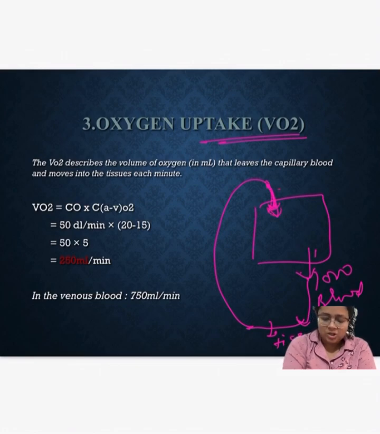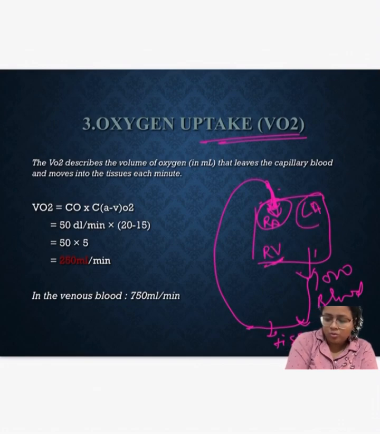It comes back to the right atrium, right ventricle, left atrium. So the right atrium is the surrogate. In the right atrium, how much is coming?